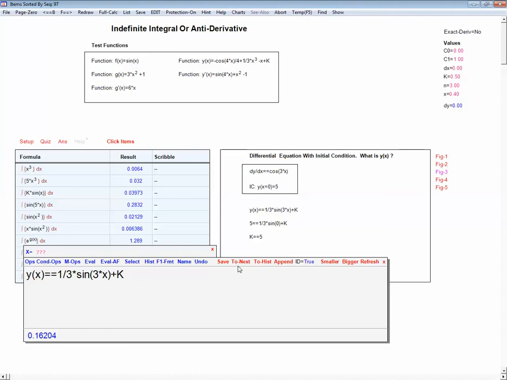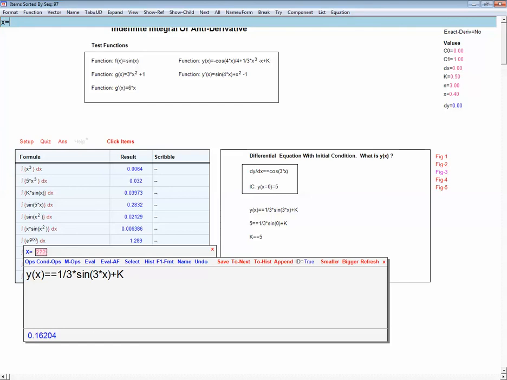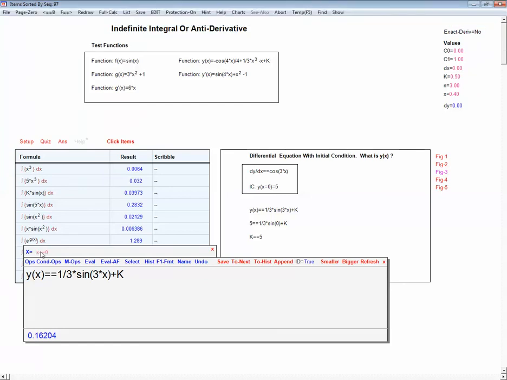But we know that here's our initial condition. Someone for some reason is telling us when x equals 0, we want this function to have the value 5. So let's plug x equals 0 into the indefinite formula that we have so far. And notice the only unknown now is k.